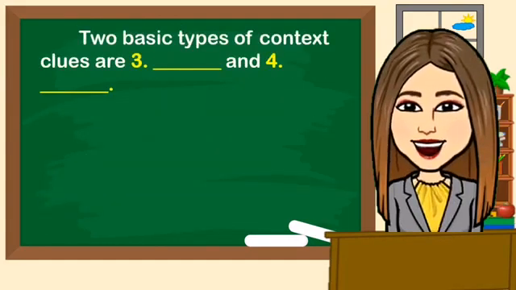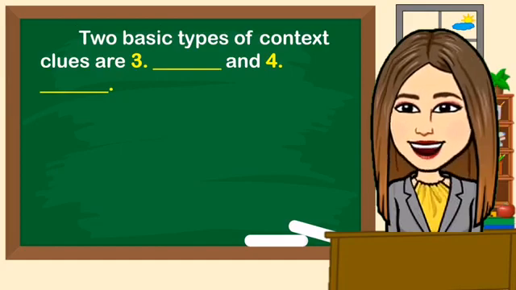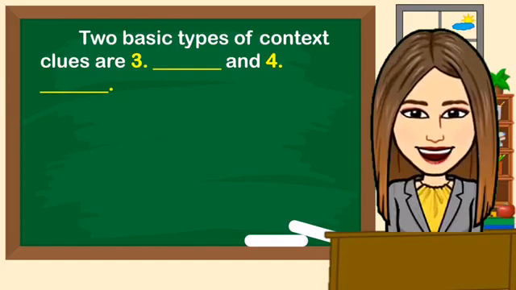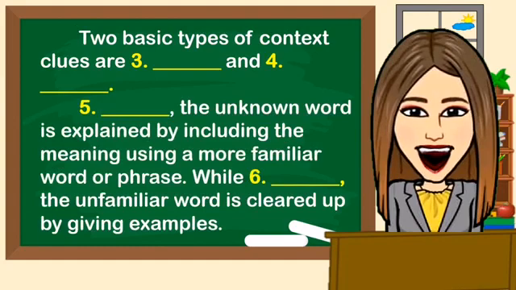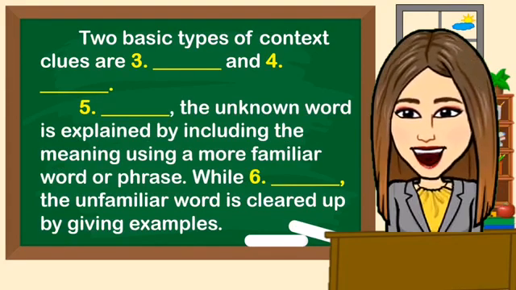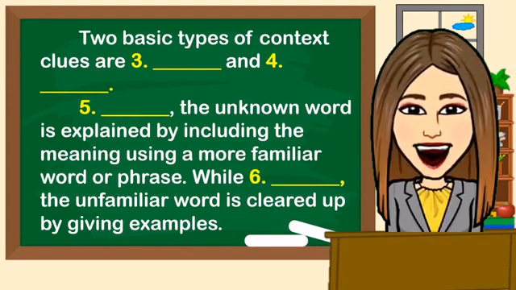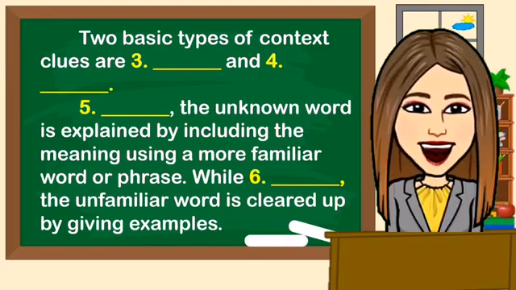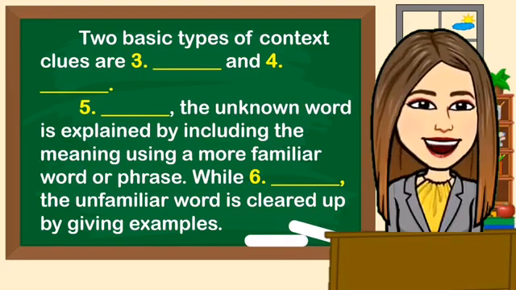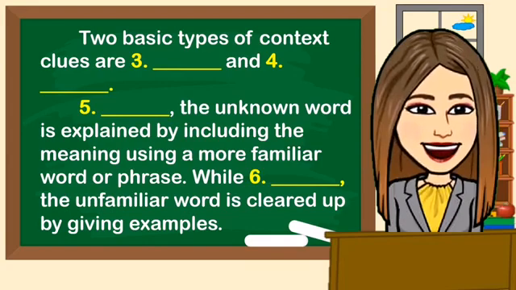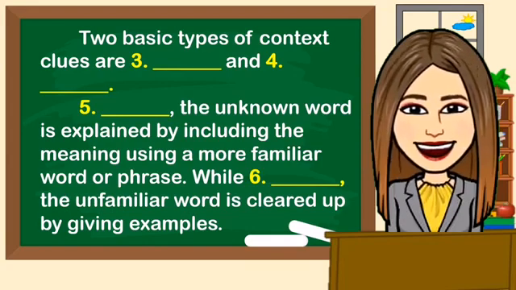Two basic types of context clues are blank and blank. Number 5, blank, the unknown word is explained by including the meaning using a more familiar word or phrase, while blank, the unfamiliar word, is cleared up by giving examples.